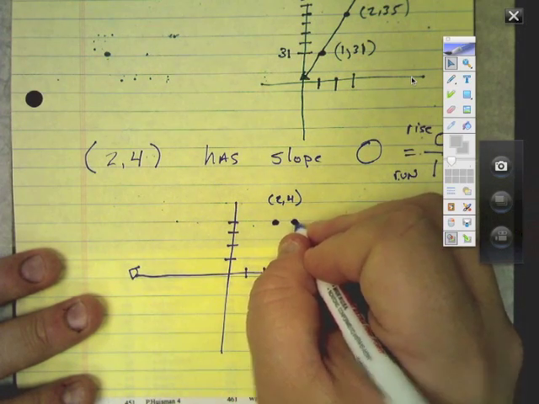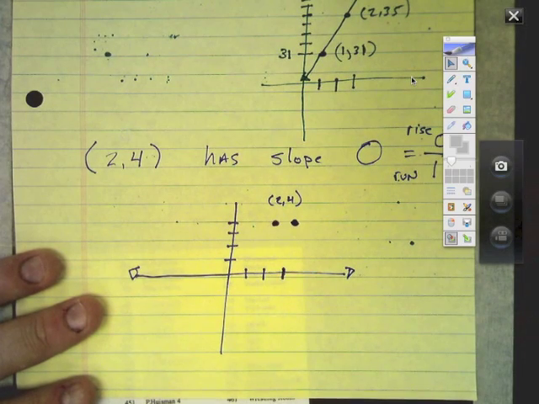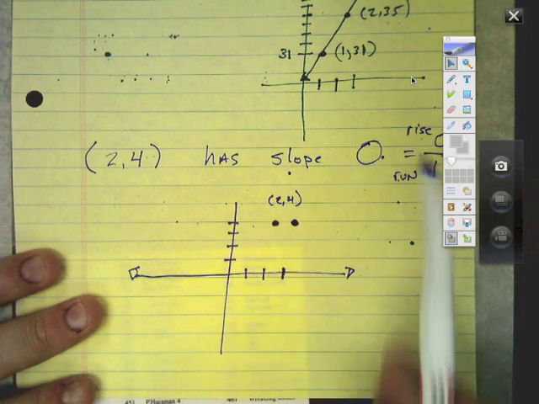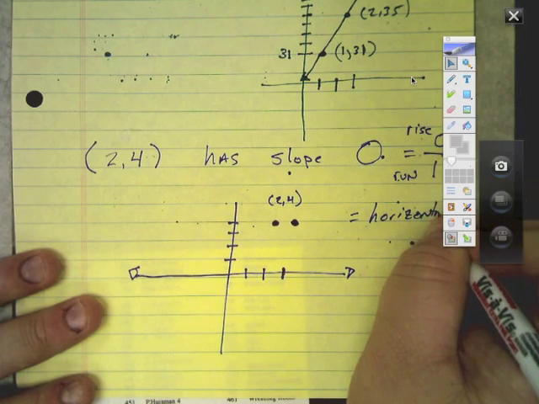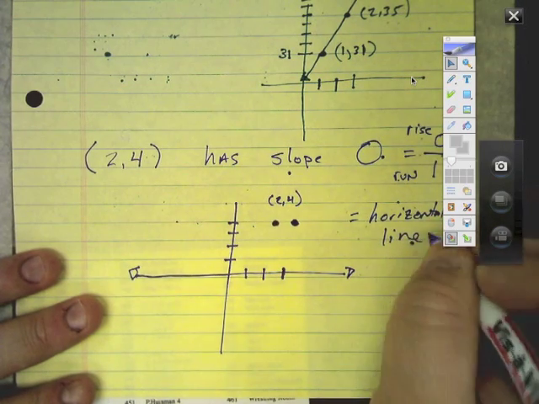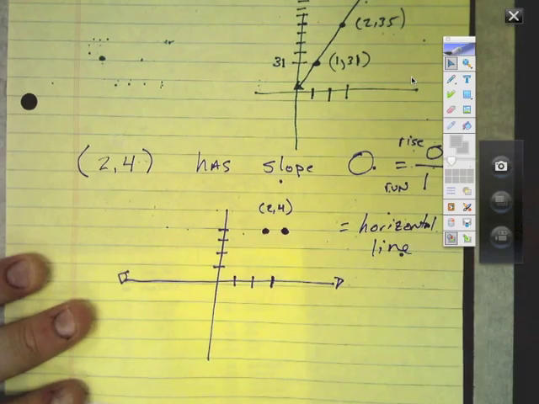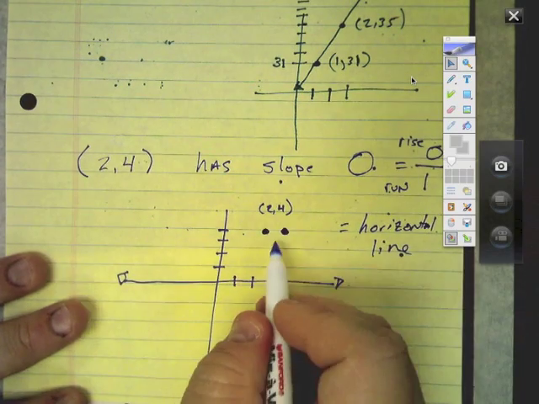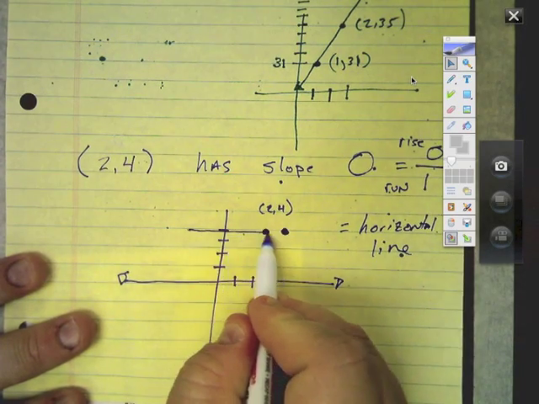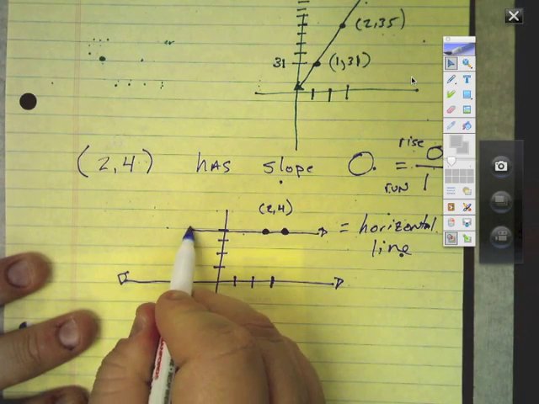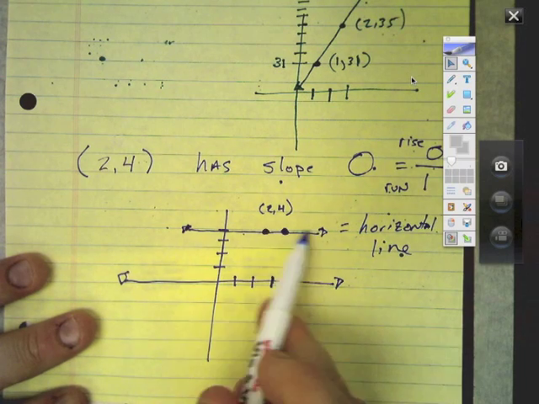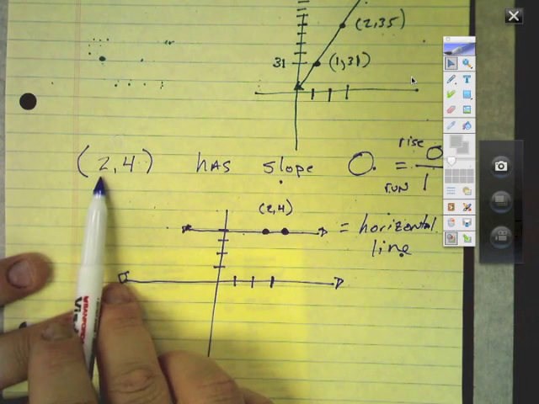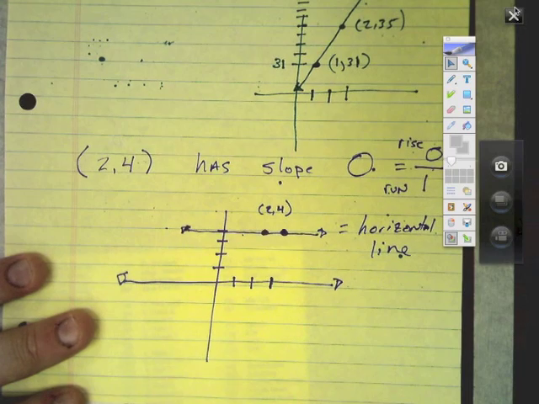So my next point is right here, which we should all remember that a slope of 0 equals a horizontal line. So there's my 2 points. I can graph my line. And that's a line that has 0 slope that goes through 2 comma 4.